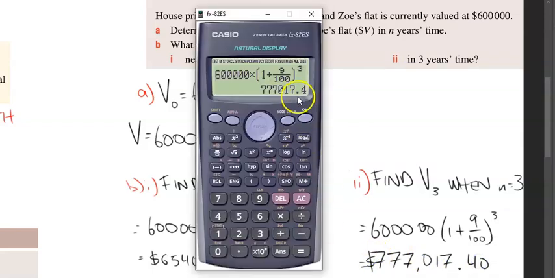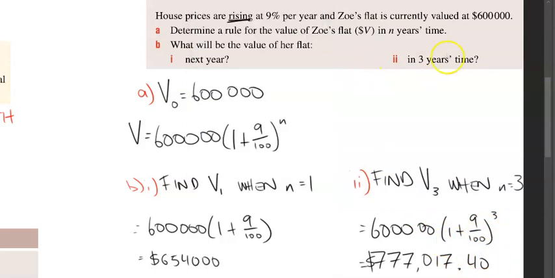I see that 0.4 because we're talking in the context of money. We just got to make sure that we're not leaving it as 4 cents because that should be 0.4, but rather 40 cents. Now look at the difference. 600,000 after 3 years, it's gone up by $177,017.40, quite a bit, just at 9% per year.